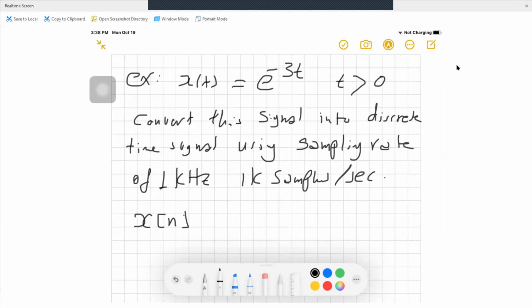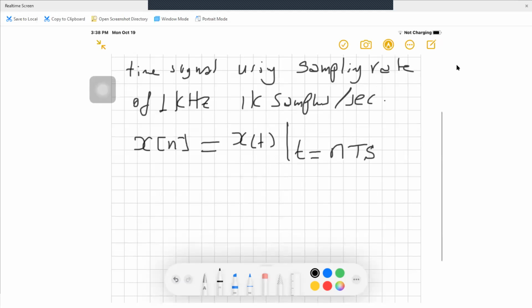Of course, you have to keep in mind this formula: x of n equals x of t when each t is replaced by nTs.